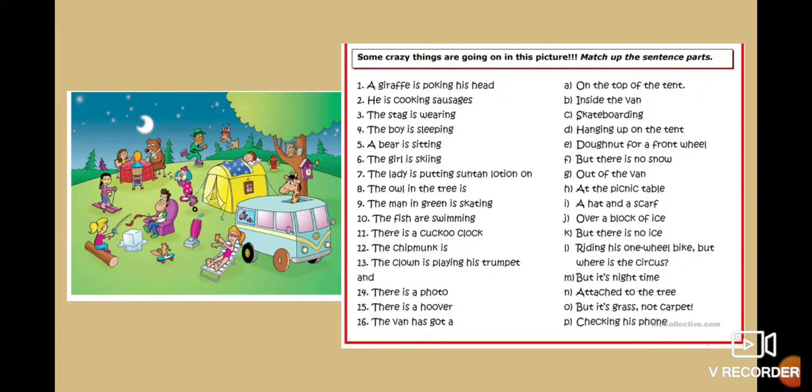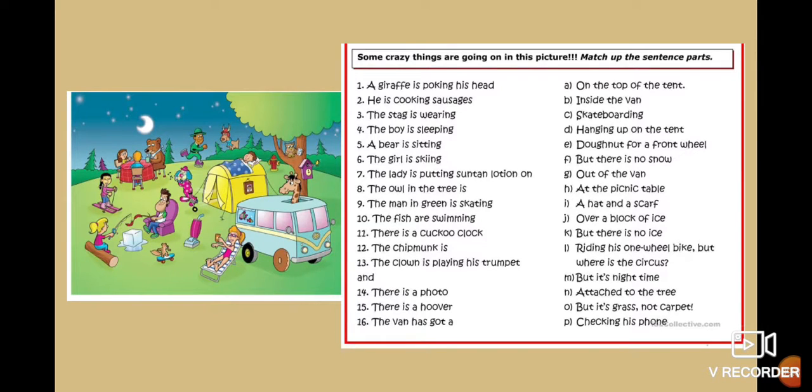So we try to analyze, and then try to match the different sentences. For example, a giraffe is poking his head, in that case, let me see, the option is G, out of the van. A giraffe is poking his head out the van. Number 2, he is cooking sausages, but in this case we don't have, let me see, an oven. He is cooking sausages.